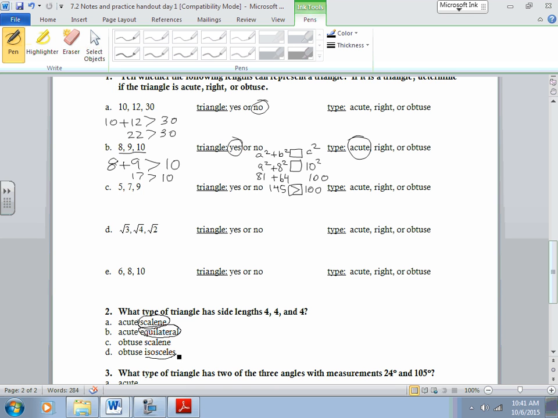Isosceles, do you know that one? 2 of the sides are the same. Only 2 sides are the same. So make sure you put in your notes, if you don't know those 3 words: scalene, all of them are different on a triangle. Equilateral, all of them are the same. So scalene, all sides are different.